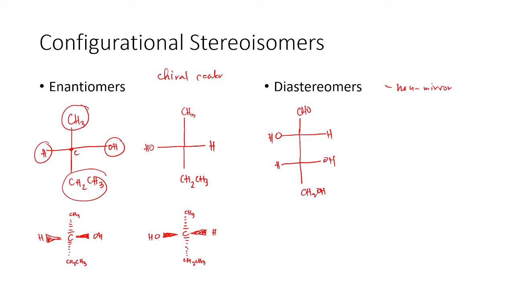So kapag kukunan natin siya ng diastereomer, this one with stereocenter, what will happen here is same. We will have here our CHO. Then we will have here our H. So it may look like mirror images, but it will not because what will happen here is we have here H and this OH.